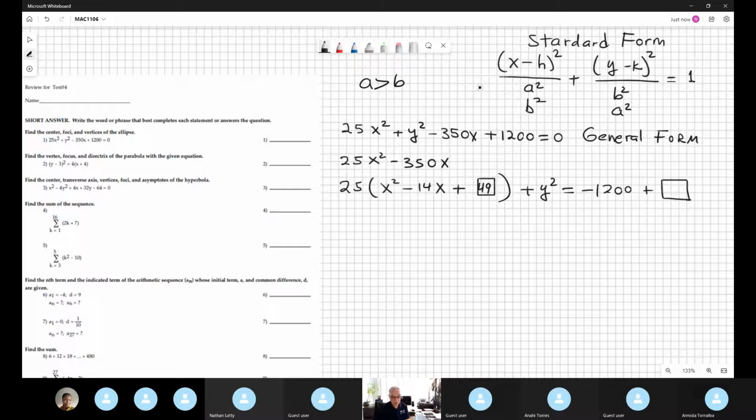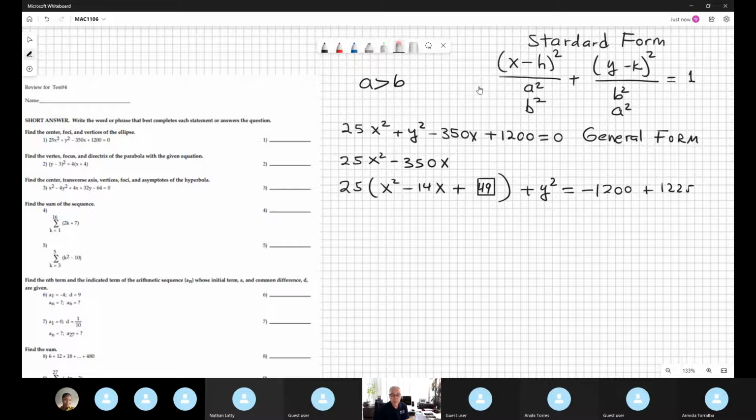Actually, you multiply 25 times 49, and the answer is 1225. This is the number I put on the right hand side in order to keep the equilibrium of the equation. Where does 1225 come from? From the multiplication 25 times 49.